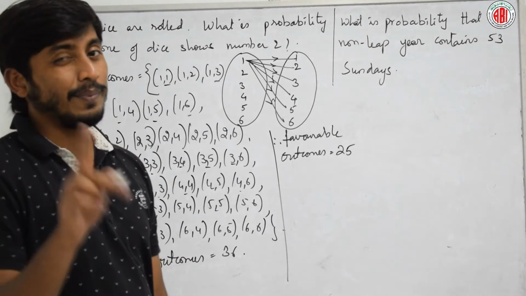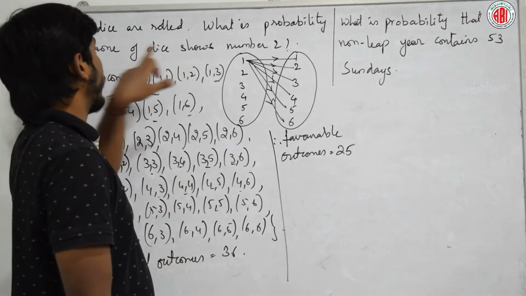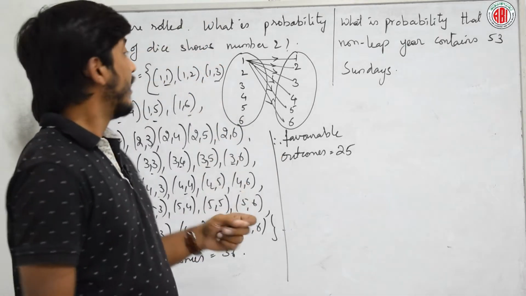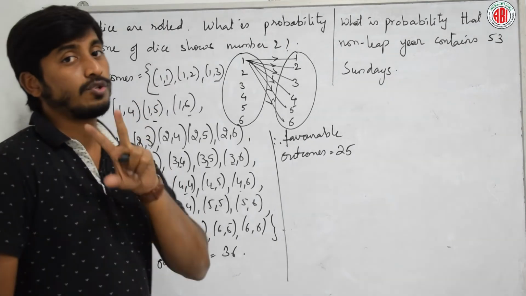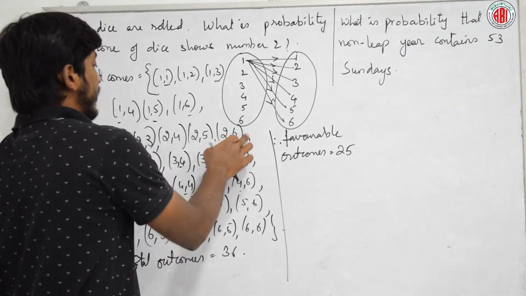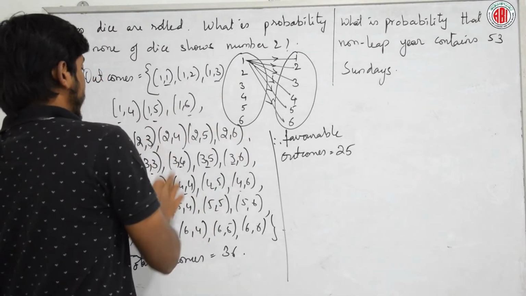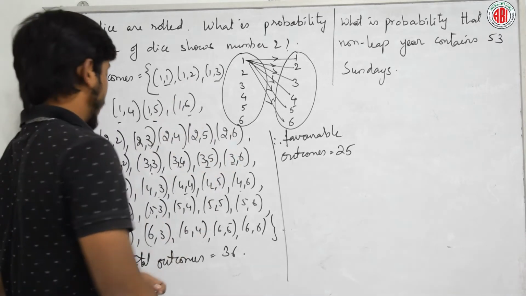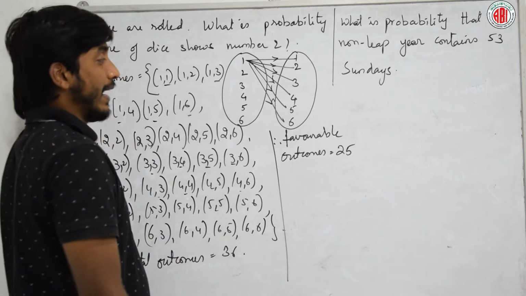Or else you can simply take it this way: he is telling that none of the dice shows the number 2, so you can just take the number of cases in which it is showing 2. That is 6 and this 5, 1, 2, 3, 4, 5. 6 plus 5 is 11. 36 minus 11 is 25. Did you get it?